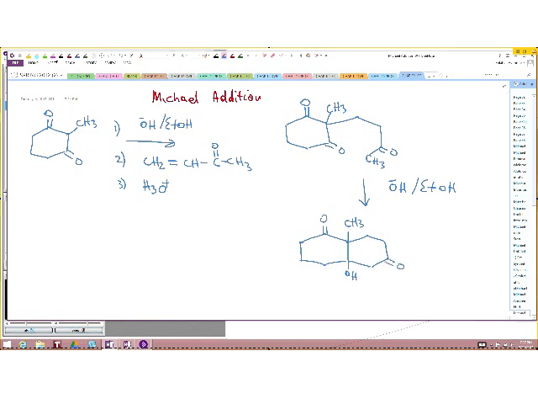This carbon here is this carbon, okay? So now we form an aldol.